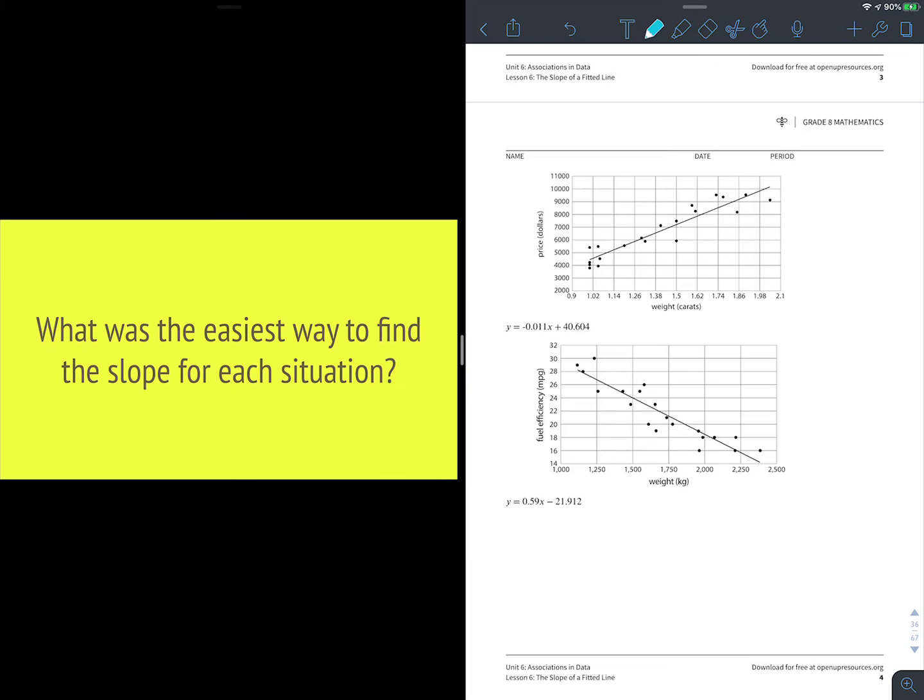Since you're given that equation, if you look at the coefficient of the x-coordinate in the equation, that is your slope. We all remember seeing way back early in the year, y equals mx plus b, so that m value, which is the coefficient of the x-coordinate in the equation, is going to identify the slope for you.